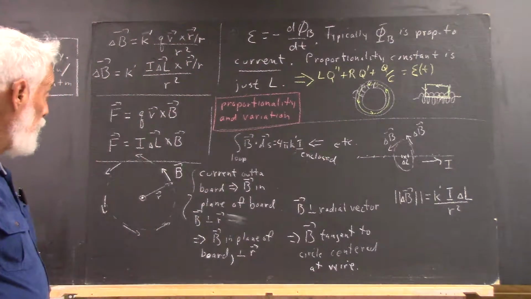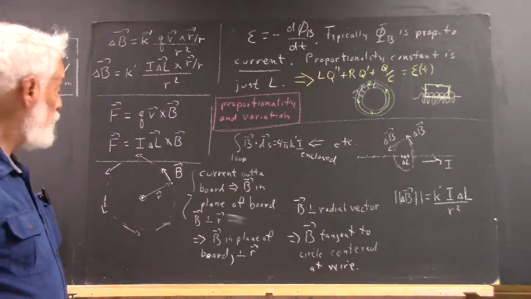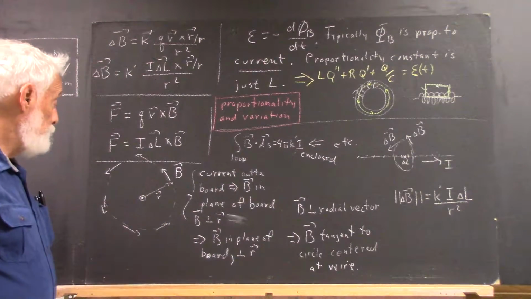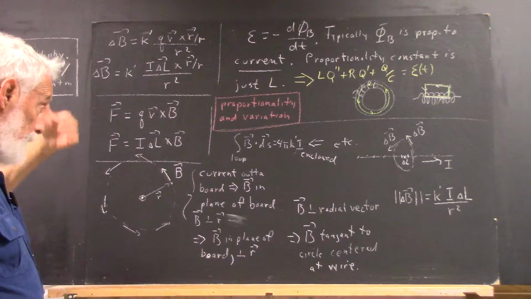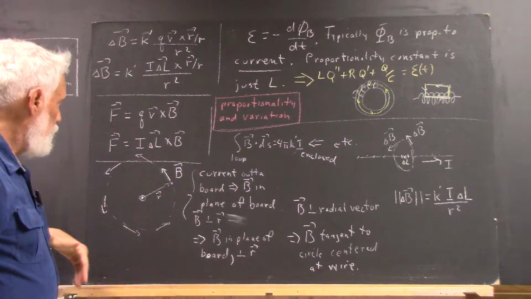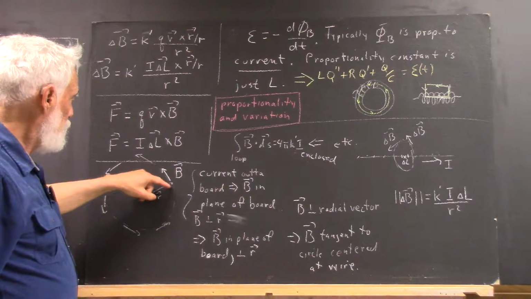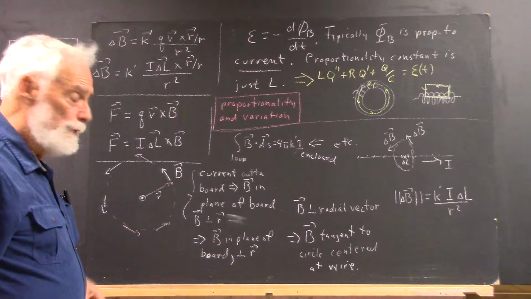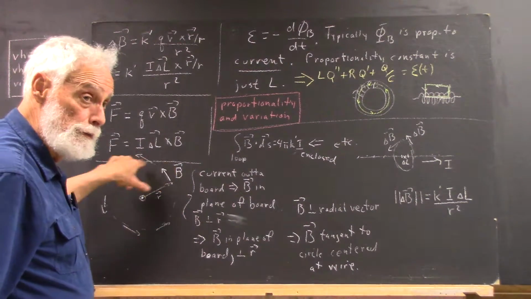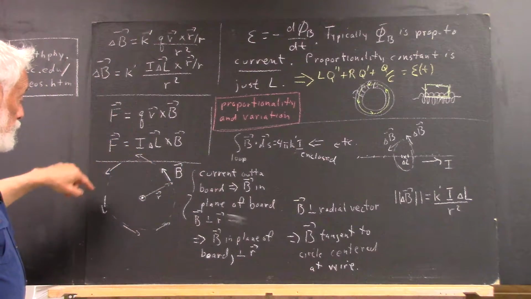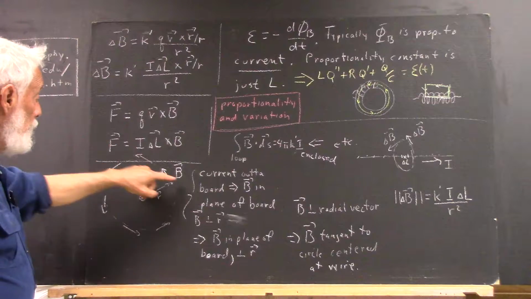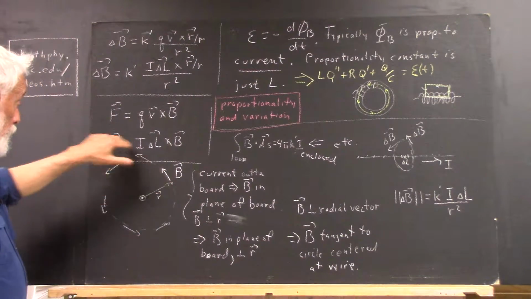And then you've got some constants that don't change the direction of that vector, or at least don't change the line along which the vector has to act. That means if R is radial and B has got to be perpendicular to the radial, then B is tangent to this circle.